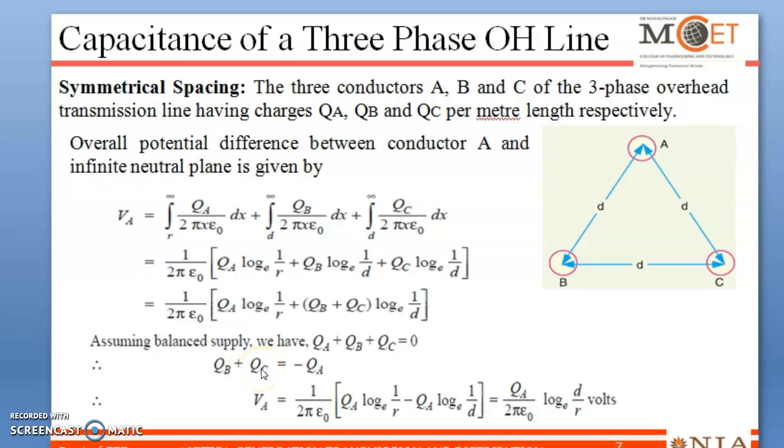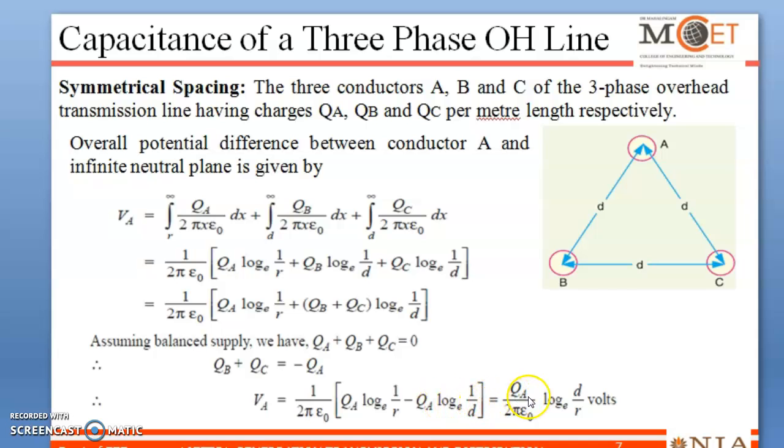So QB plus QC is equal to minus QA, and we substitute the minus QA value into this equation. After that, QA is common for these parameters.